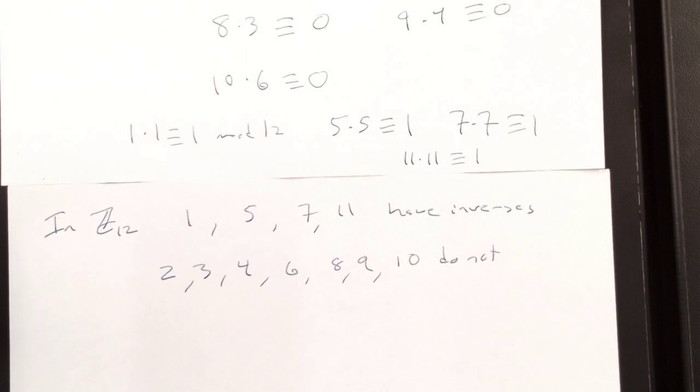The greatest common divisor of the first group is just one. That top group, they're all relatively prime to 12. The bottom group isn't.